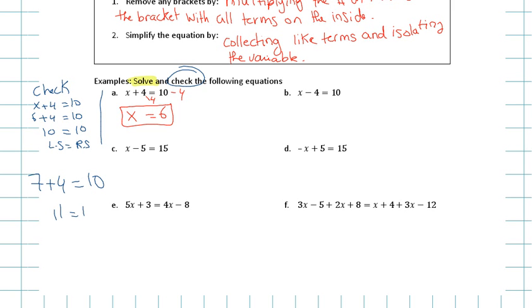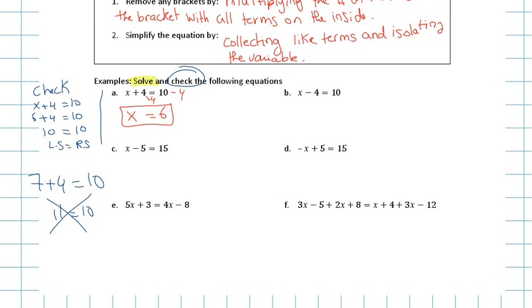Go back and check your work. By checking, I'm making sure that my answer is correct. If I don't get the left side equal to the right side, there's something wrong in my solution. Go back and check. Are we okay with this?